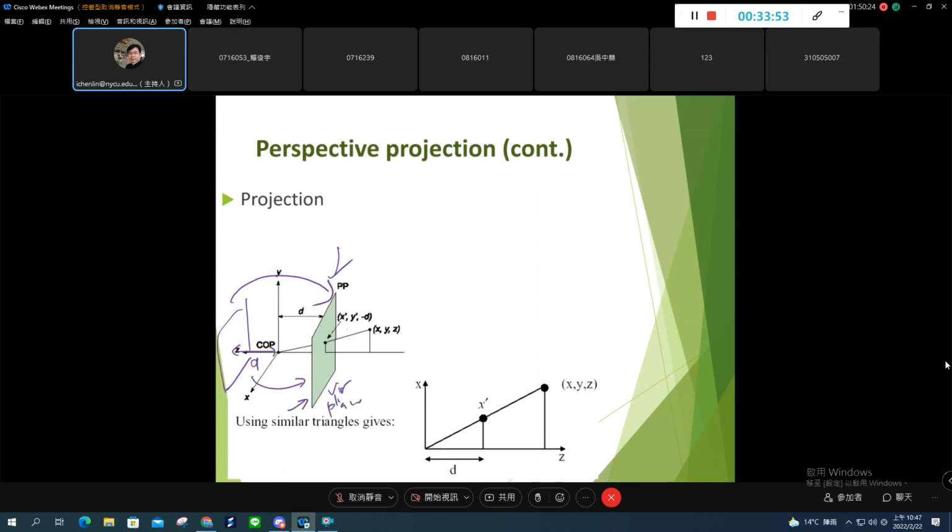Virtual plane here, and because the triangle is similar, right? So for instance, this is our P plane, right? And we can say this one is a P double prime plane here. So for instance, this is the D here. This is the distance, so this could be the negative D here.